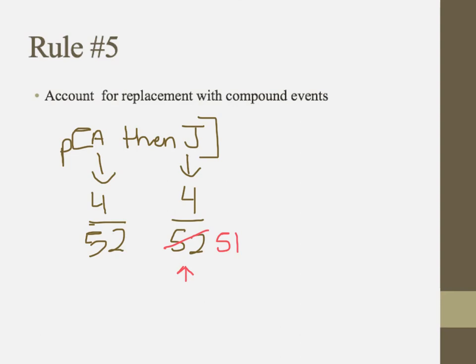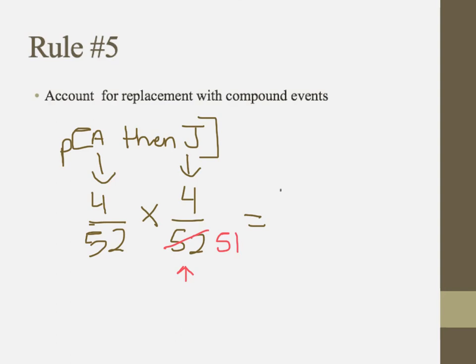But in the case where you are keeping the cards in your hand, you are not going to have 52 cards left. You're only going to have 51 because you've got that ace already in your hand. So when we account for replacement, we end up with 4 out of 52 times 4 out of 51, because there are still 4 jacks left, but now there's only 51 cards in the deck.